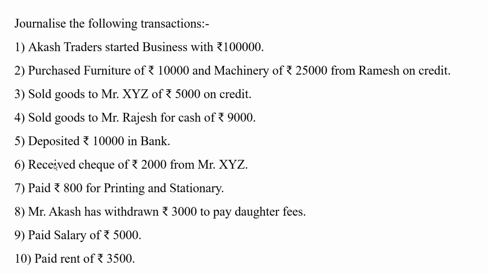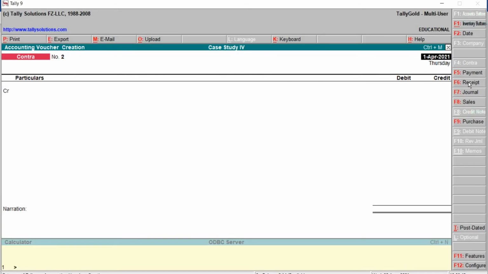The next transaction is received cheque of rupees 2,000 from Mr. XYZ. This has to be recorded in receipt voucher. Let's see this particular recording in Tally. Receipt voucher.